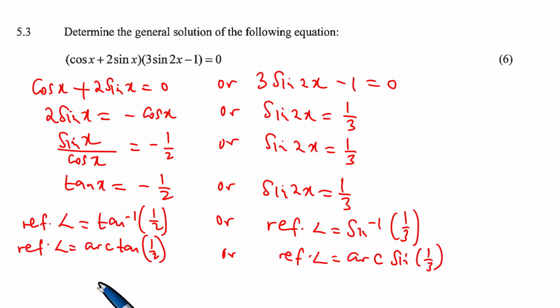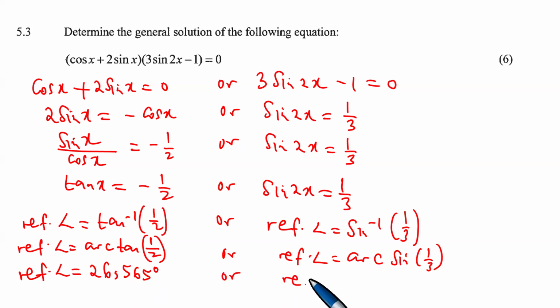To make sure it's very visible, it's 1/2. Now, we use our calculators to get the result. It is very clear that the reference angle, the arctangent of 1/2, is 26,565 degrees.